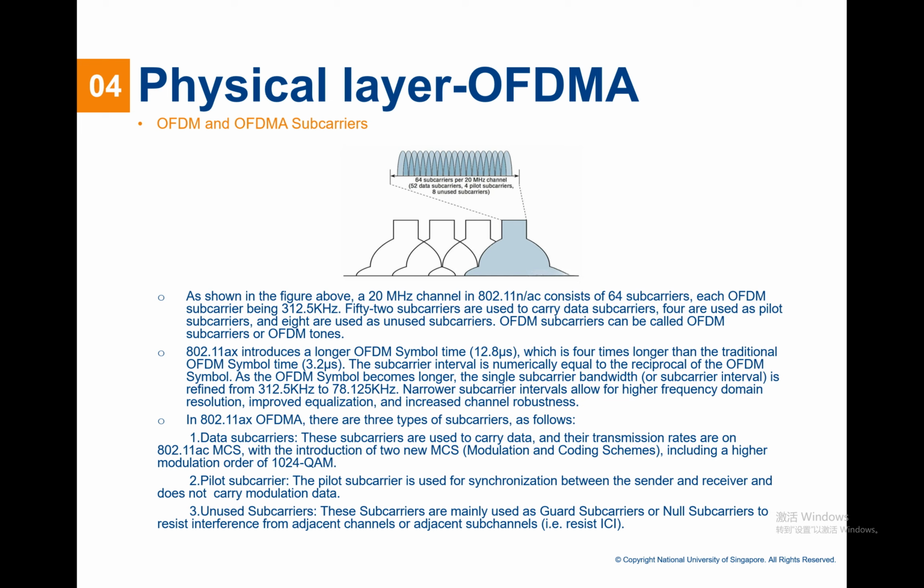In 802.11ax OFDM, there are 3 types of subcarriers as follows. Number 1 is called data subcarriers.